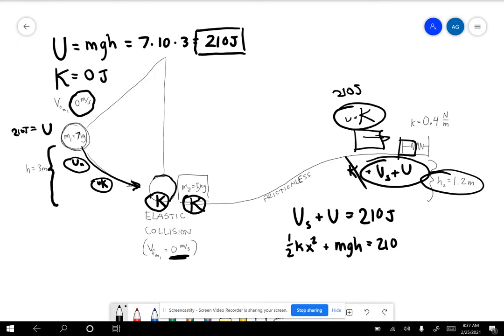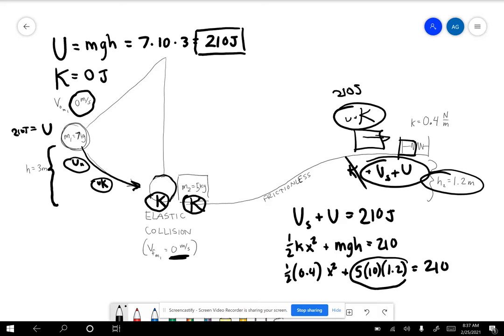Well, we've got 1/2 of 0.4 x squared plus, this is a 5 kilogram mass, 10 for g, 1.2 for the height at that point, gives us 210.